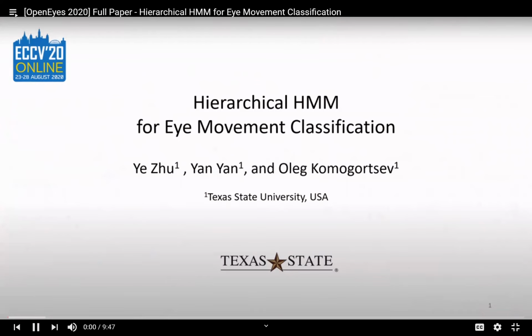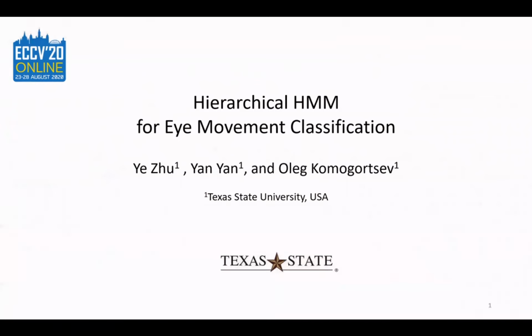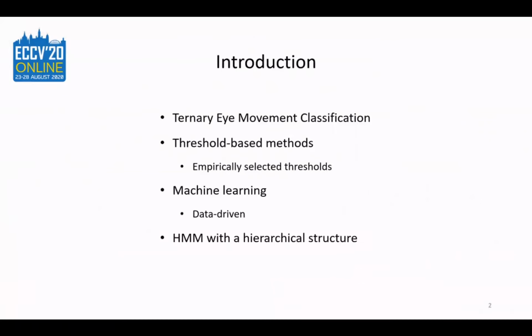Thank you. Hello, everyone. I'm Yezhu from Texas State University. I'm going to present our work for the paper Hierarchical Hidden Markov Model for Eye Movement Classification. Eye tracking technology nowadays has attracted much research attention and interest, and it is becoming a promising driver for future immersive technologies.